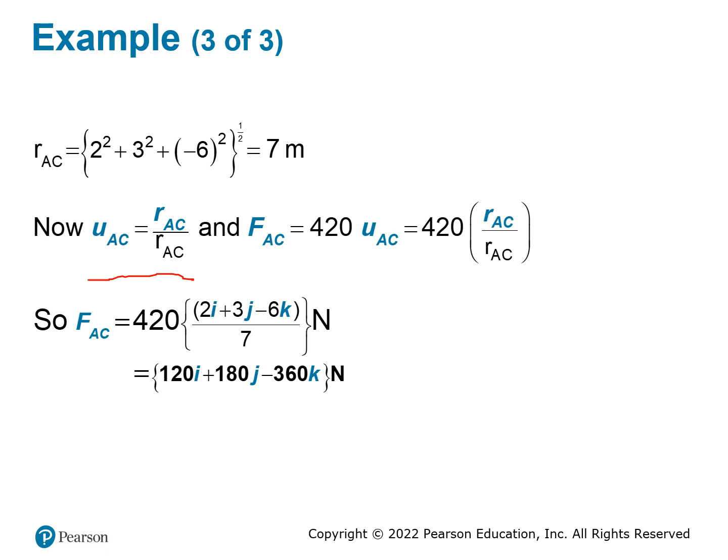So we can find the unit vector. Then you multiply by 420 N, and that gives F_AC. That's how you get the force vector from A to C. I suggest that you use this as an example, go back to the problem, and try to find F_AB.